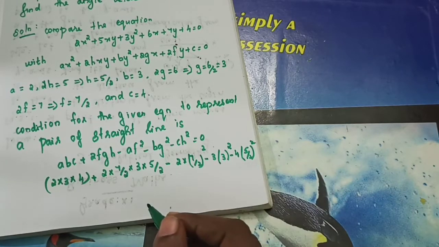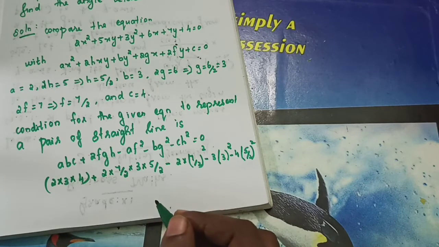When you simplify, if we get the answer as 0, we will say this is the condition for the given equation to represent a pair of straight lines.